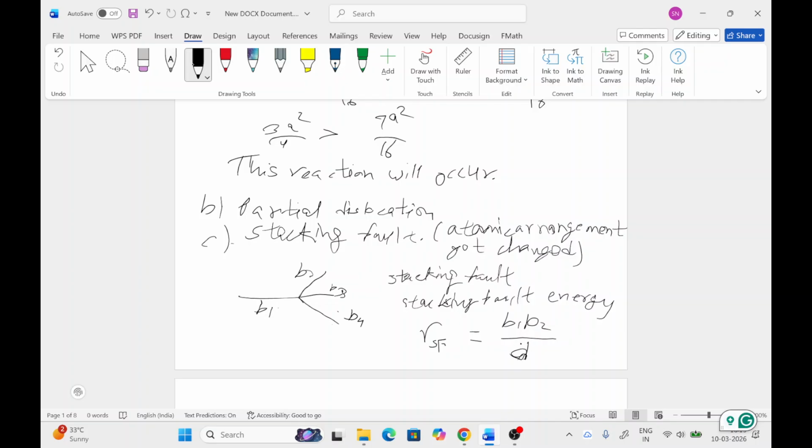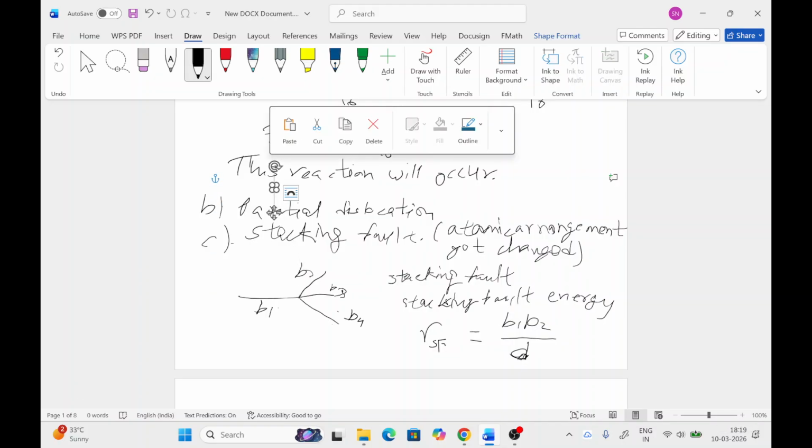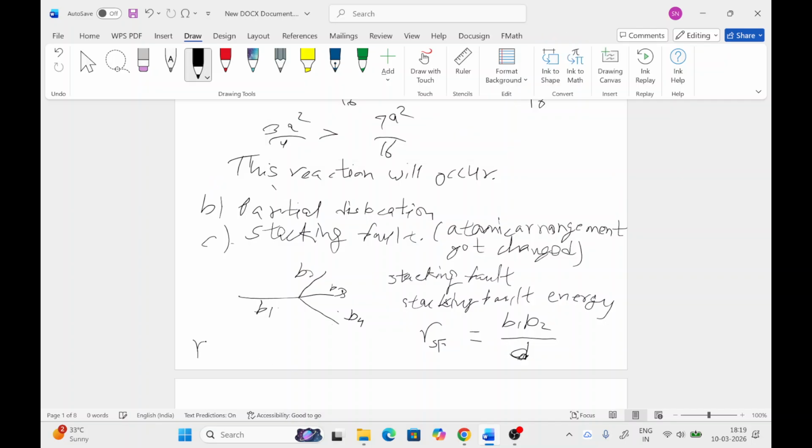So we can see that the energy gamma SF is inversely proportional to the distance between these partials. If the partial dislocations are spread wider, the energy will be less. If the distance between partials is less, the energy will be high.